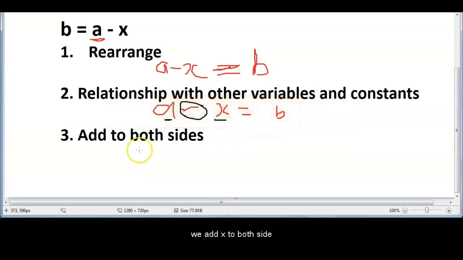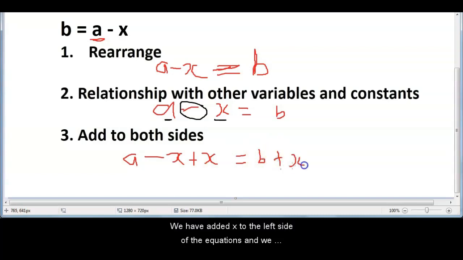This is going to be A minus X plus X equals B plus X. We have added X to the left side of the equation, and we have added another X to the right side.